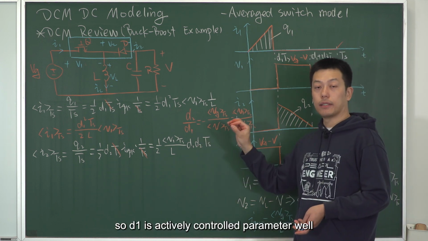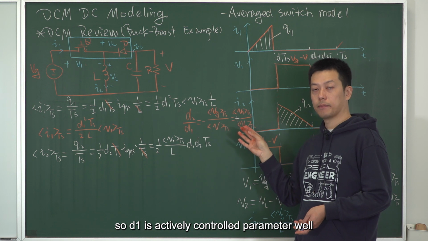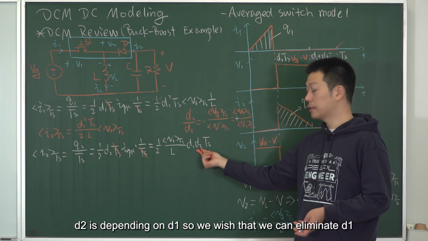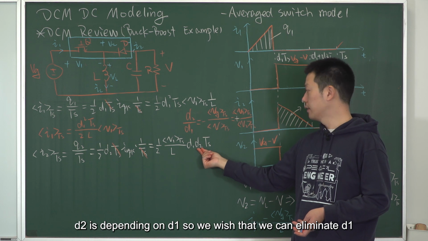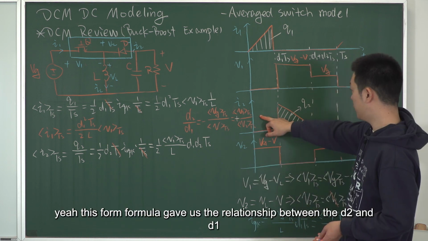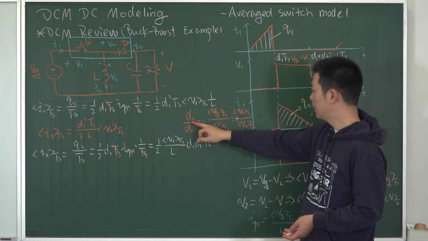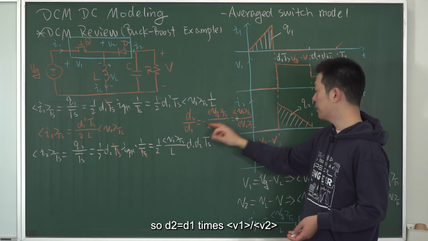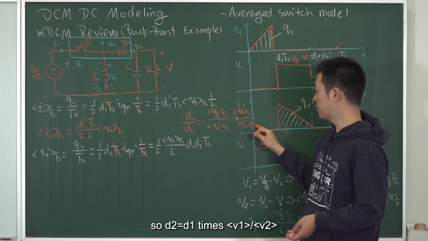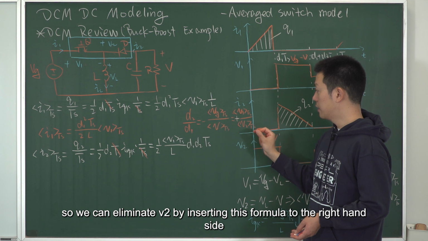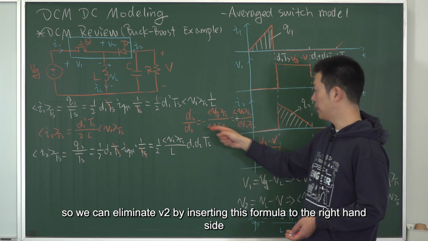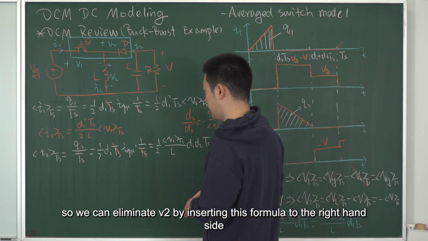D1 is the actively controlled parameter, while D2 depends on D1, so we wish to eliminate D2. This formula gives us the relationship between D2 and D1. D2 will be equal to D1 times V1 over V2 average. So we can eliminate D2 by inserting this formula into the right-hand side.